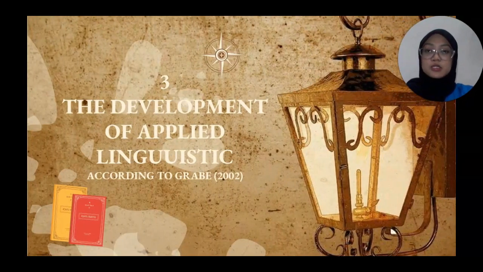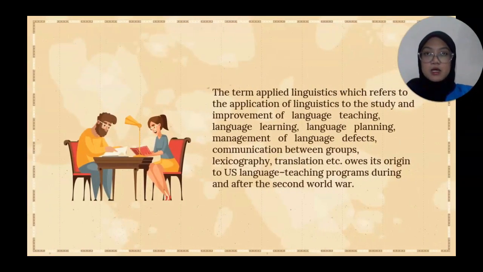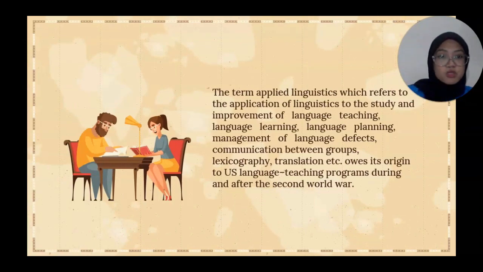Next is the third, the development of applied linguistics according to Grabe 2002. The term applied linguistics, which refers to the application of linguistics to the study and improvement of language teaching, language learning, language planning, management of language defects, communication between groups, lexicography, translation, etc., owes its origin to the U.S. language teaching program during and after the Second World War.